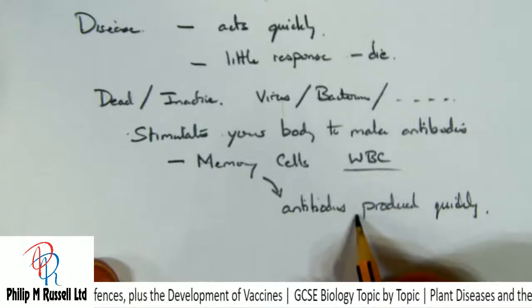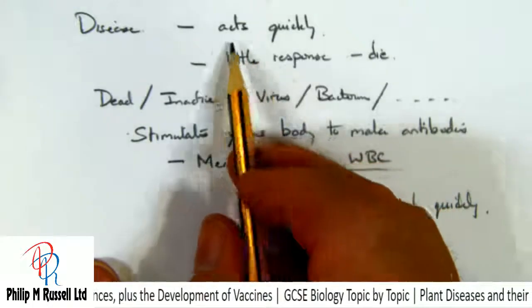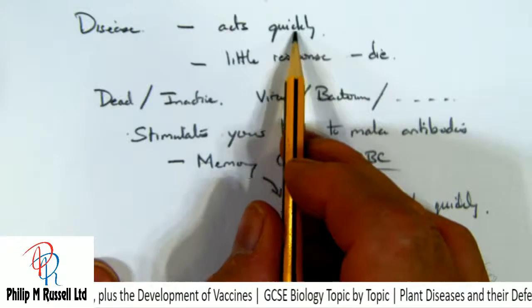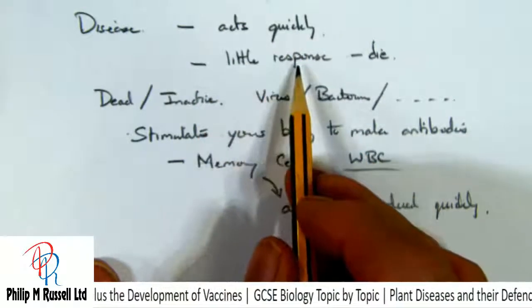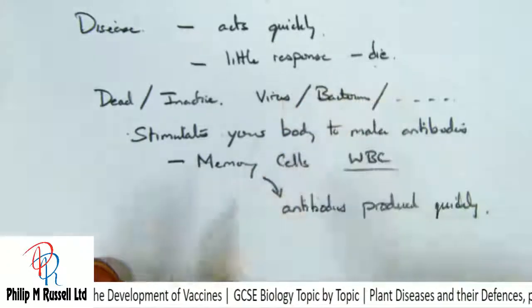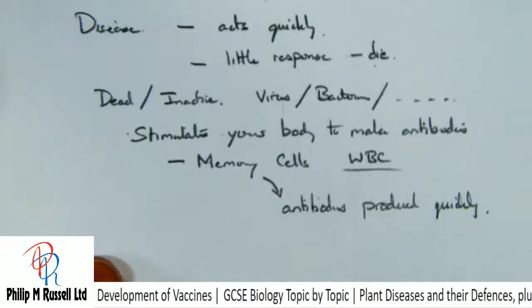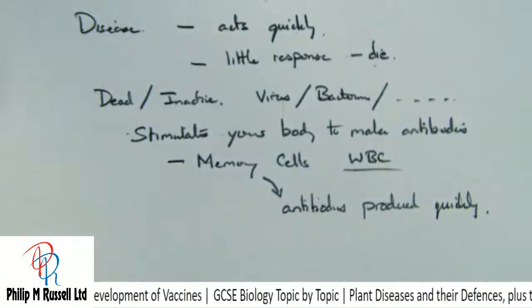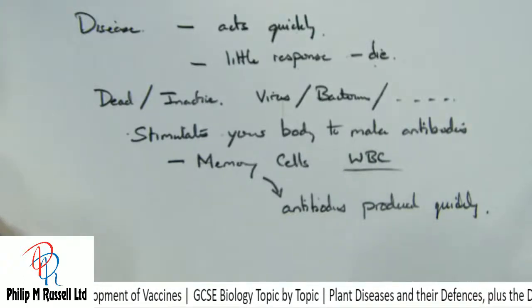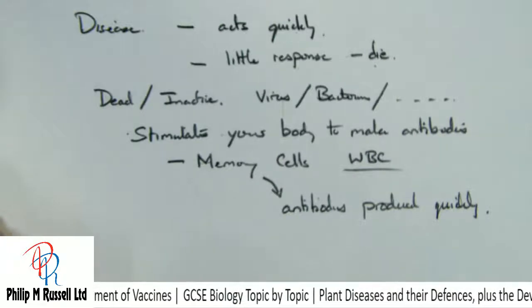And that means that the disease doesn't get such a chance to act quickly, and there is a large immune response rather than a little one, and death doesn't occur. So this is why we've got this idea of trying to protect people from this coronavirus.